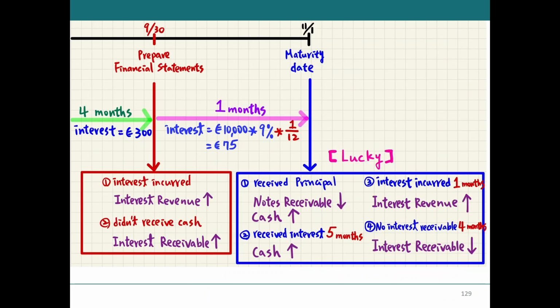So at the maturity day, since you are lucky, first you should tell them you got cash for principal plus 5-month interest.